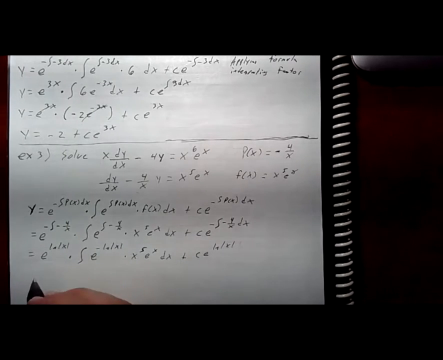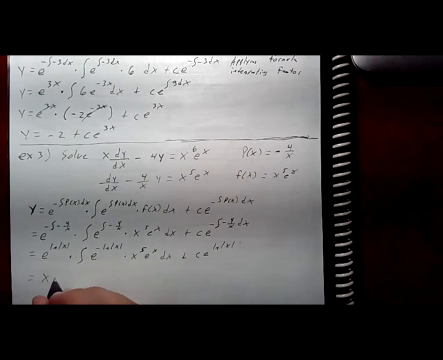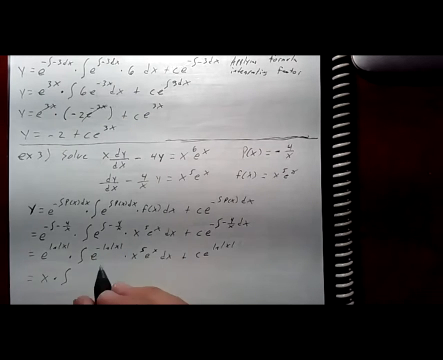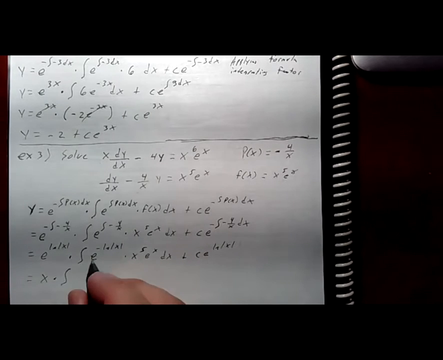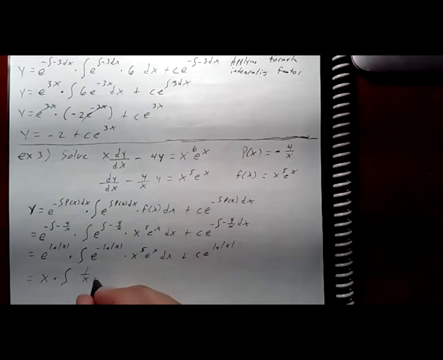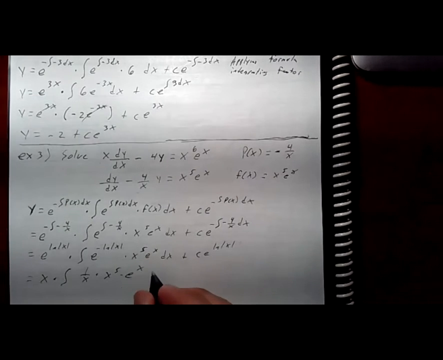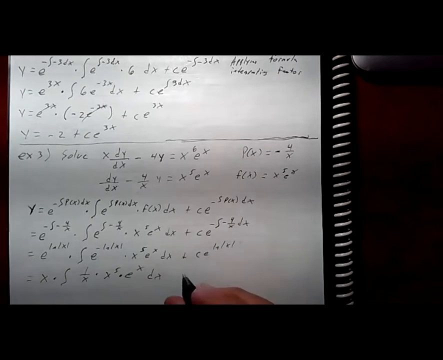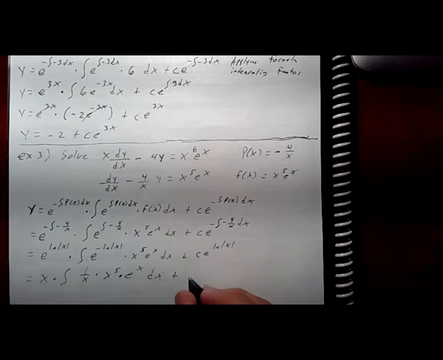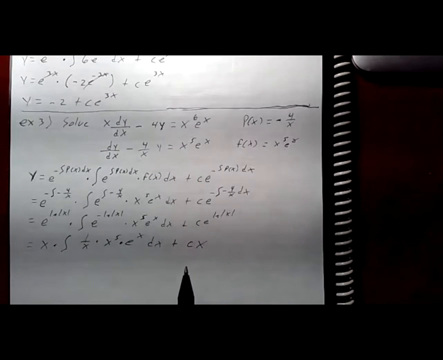So these will cancel, leaving you with x times, this is technically 1 over x times x to the 5th times e to the x, plus cx. Any questions on the algebra or integration so far?